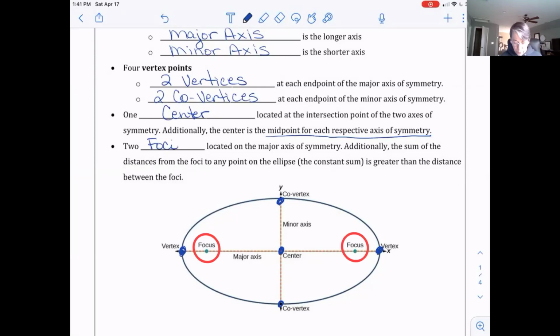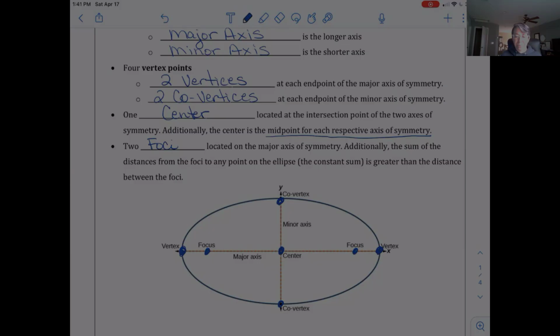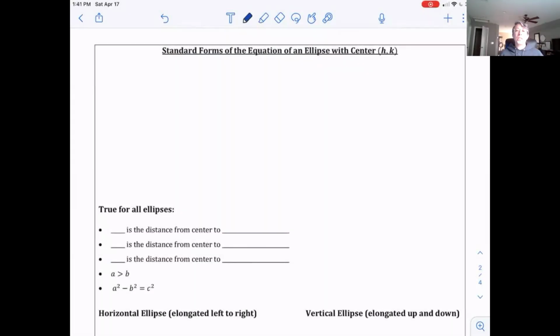Each point is called a focus, and it's always on the major axis. And again, the sum, as we pointed out with that string and those 2 push pins, is always the same distance. Now we're going to be focusing on ellipses that are either elongated left to right or elongated up and down.